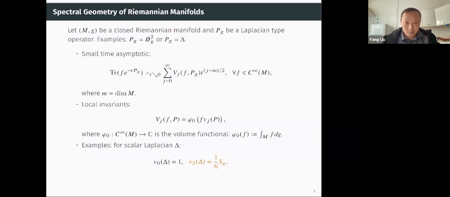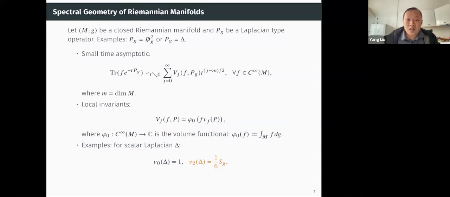Which is canonically associated to the metric. Then, to extract the invariants like intrinsic curvatures, like the scalar curvature, Ricci curvature, and higher order derivatives of the metric, we look at the coefficients of this heat kernel asymptotic. Here is the basic example.